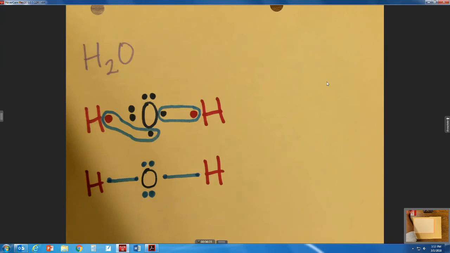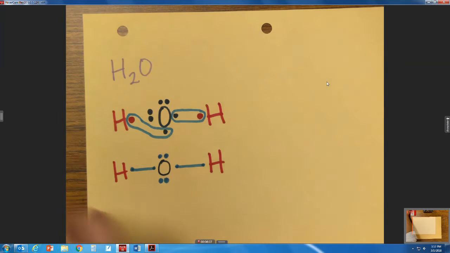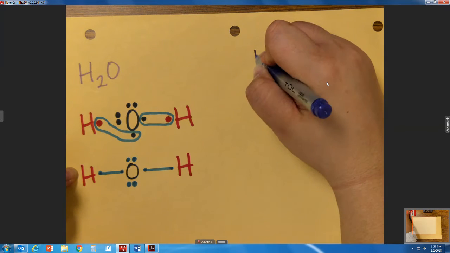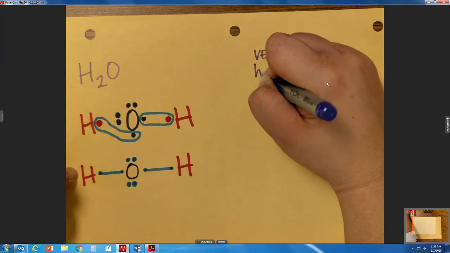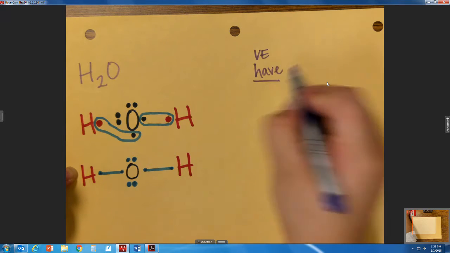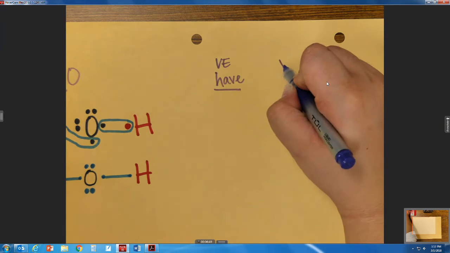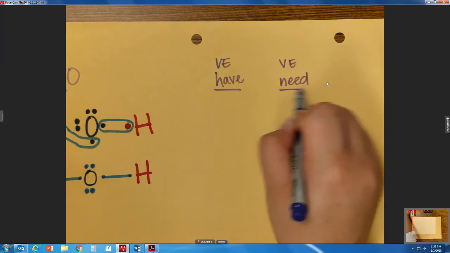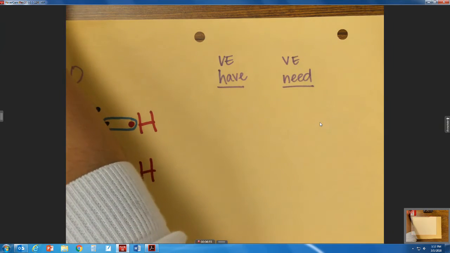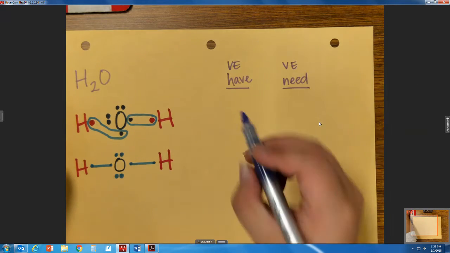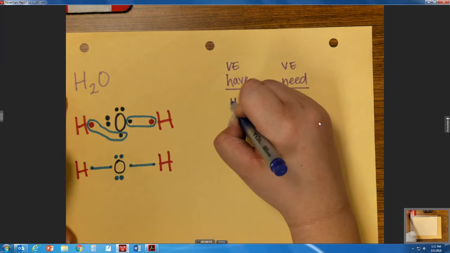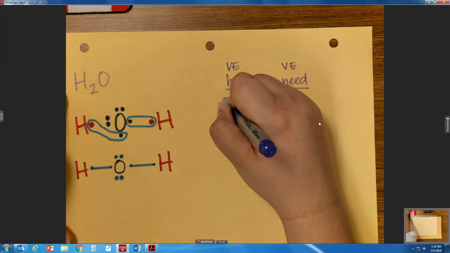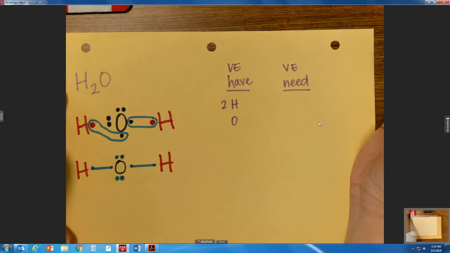So the way they do it is you are always going to start off with how many valence electrons you have compared to how many valence electrons you need. In the case of water, we have hydrogen and oxygen, and we have 2 hydrogens. Don't forget that.